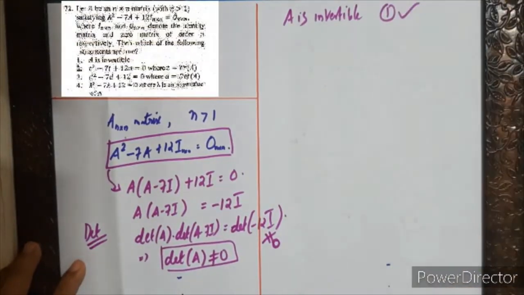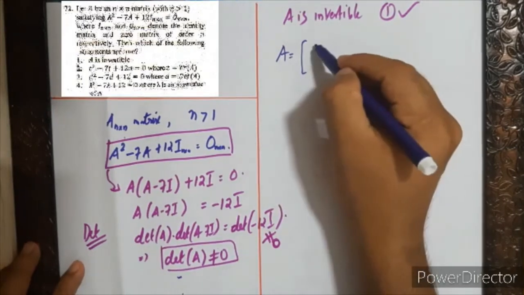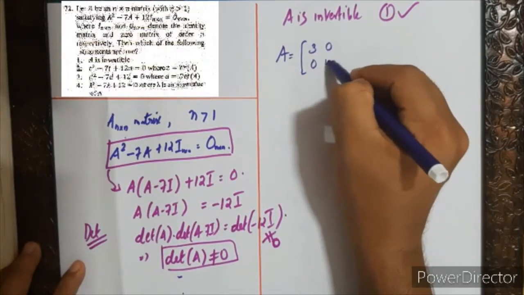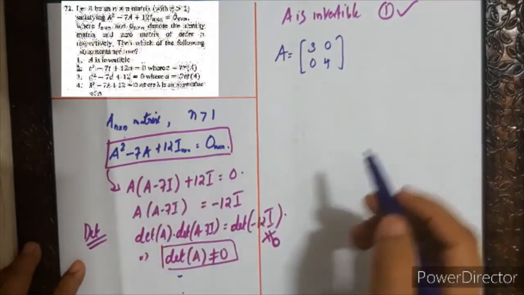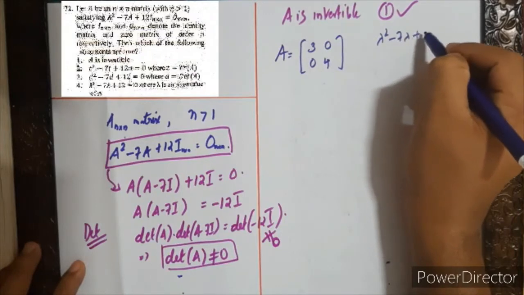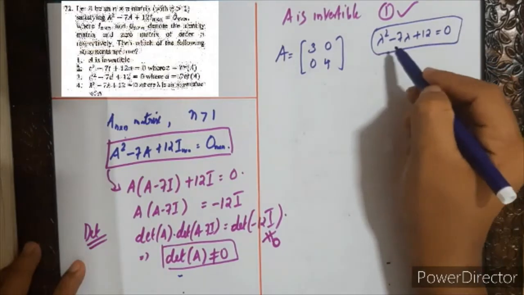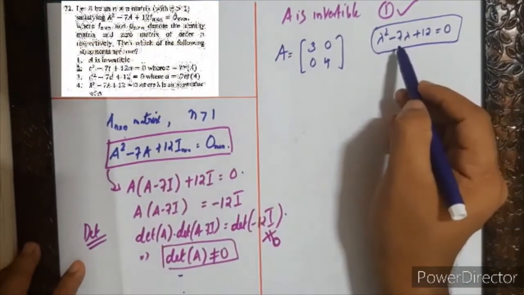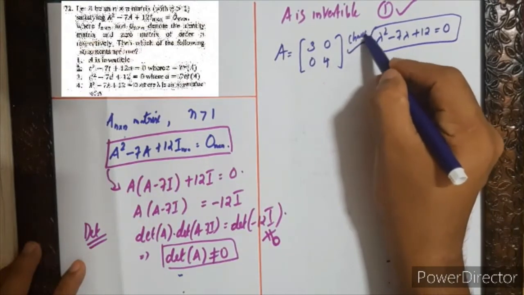Option 1 is correct. Now what about the second, third and fourth options? Now if I take a matrix 3, 0, 0, 4, we know that the roots of the polynomial lambda square minus 7 lambda plus 12 is equal to 0 are its eigenvalues. This is the corresponding polynomial. So what is the characteristic equation of this A?